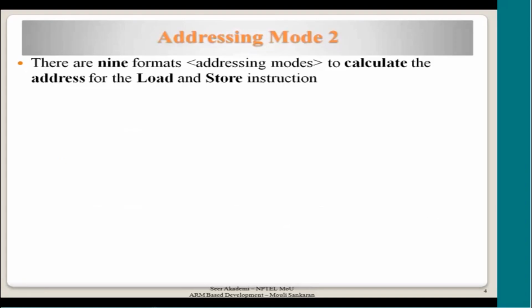Addressing mode 2 is supported by 9 different formats. This is basically to calculate the address for the load and store instructions to use. Please remember, different kinds of modes are provided by the processor to compute the address where a memory read or write needs to be performed using these instructions.